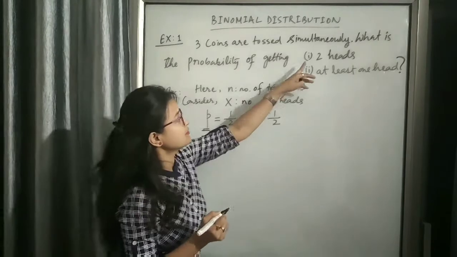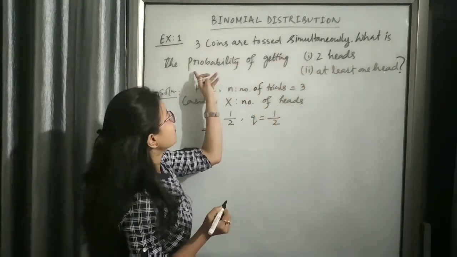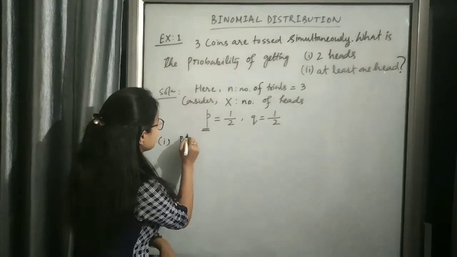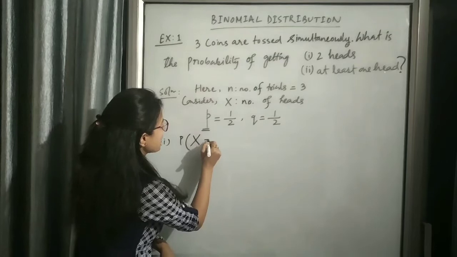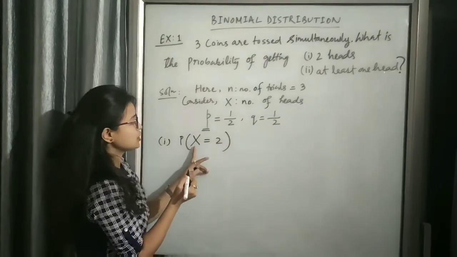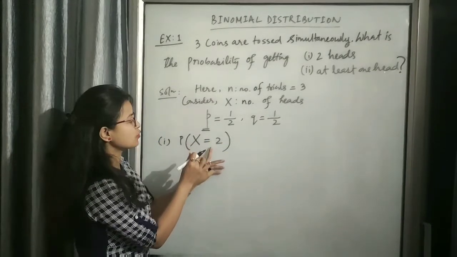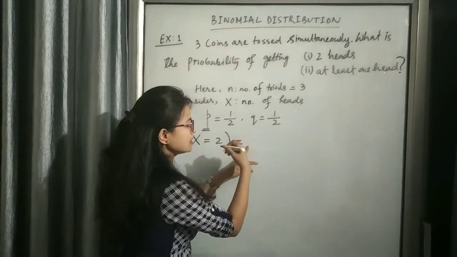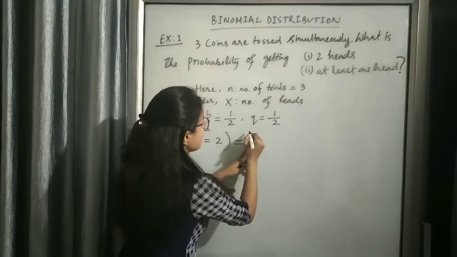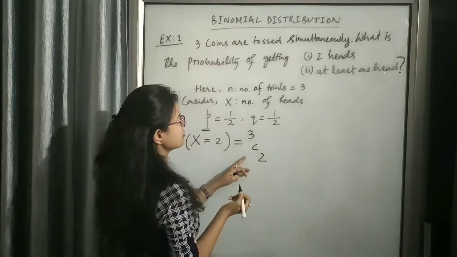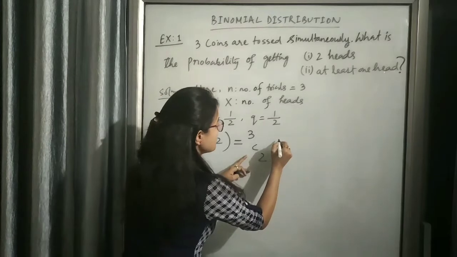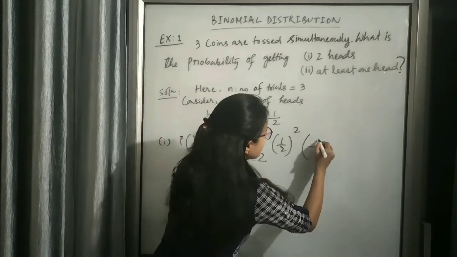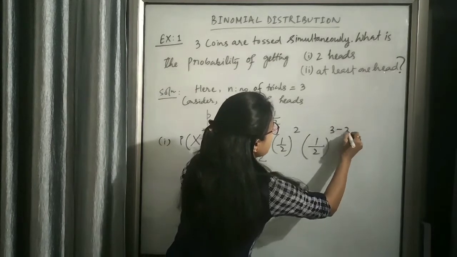Now the first part of the question is to find the probability of getting two heads. So the probability of getting two heads, in symbols we can write as probability of X, number of heads, is equal to 2, is equal to, using the formula, 3C2 p power r q power n minus r.